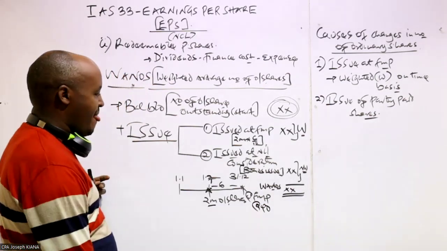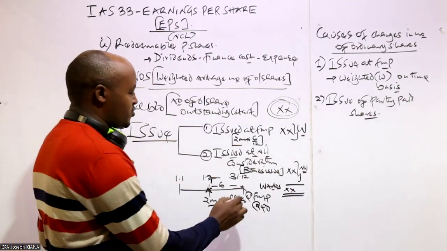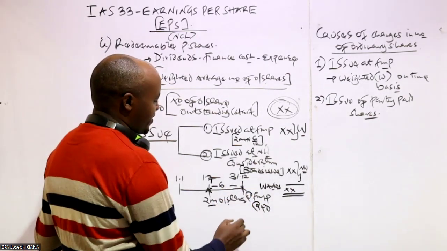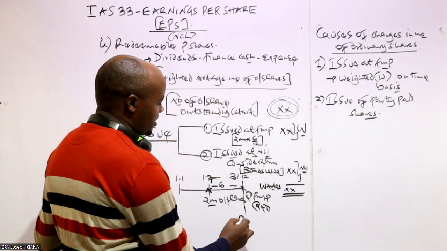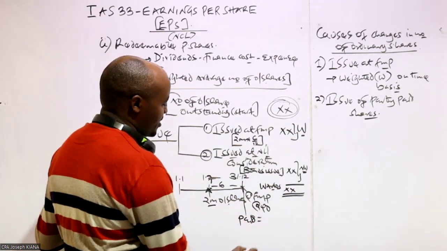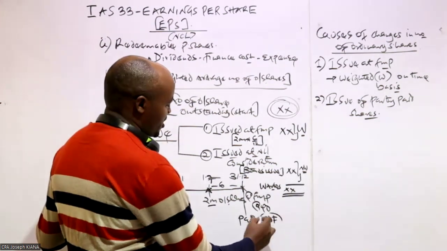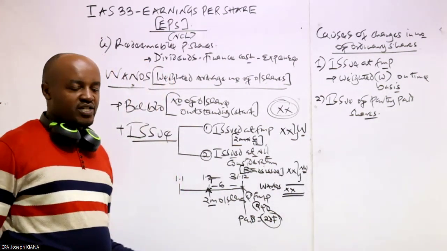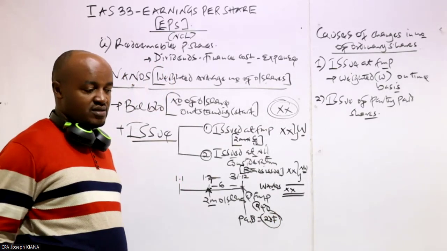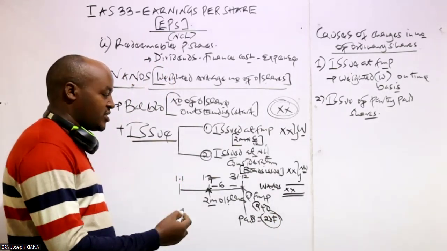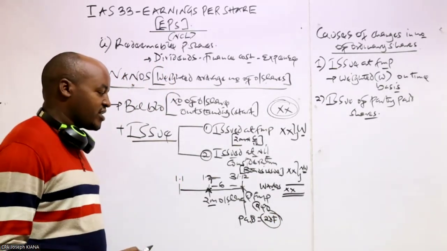But when the year is coming to an end, assuming the year is ending on 31st of December, we are told that the only amount which has been paid per share is 20 shillings per share. 20 shillings per what? Per share. You can see these shares are not fully paid, because the shares were issued at 40 bob, the shareholders have only paid 20.